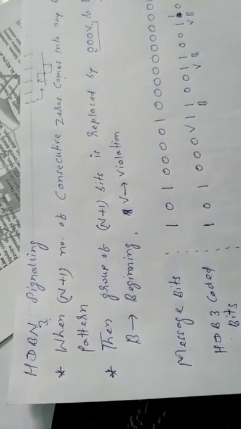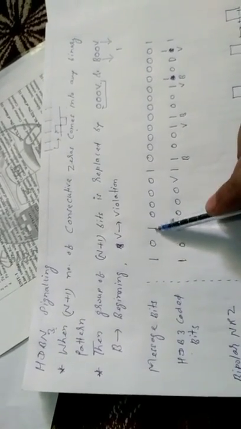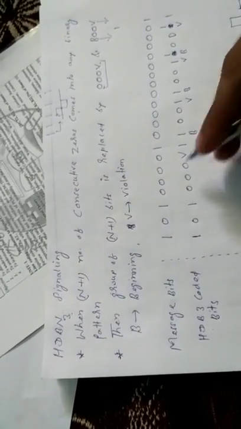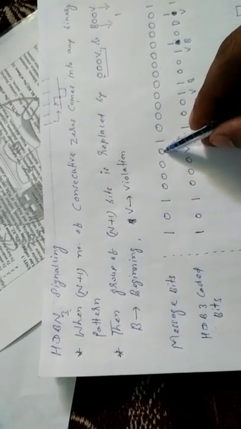Suppose we take a simple example with a binary pattern like 1001, then 5 times 01, and then this group of zeros, then 1. Accordingly, we have encoded this as per the HDB3 coded format. Here 1 will be the same as 1, 0 will be 0, this 1 will be the same as 1. But next, because this group comes for the first time, these 4 bits will be replaced by 000V.